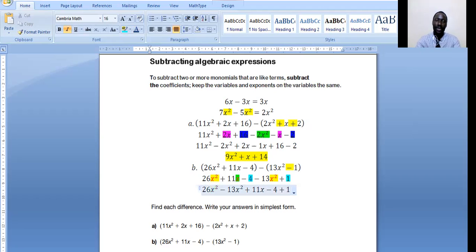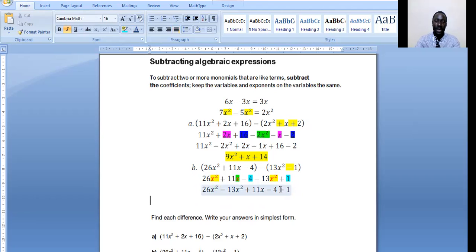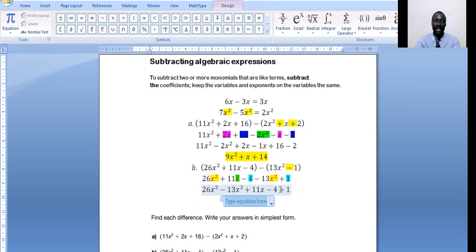And yes, from here, we can then go ahead to deal with the coefficients. We will only subtract the coefficients. We will not subtract anything else. And to subtract the coefficient, well, what are we going to get?